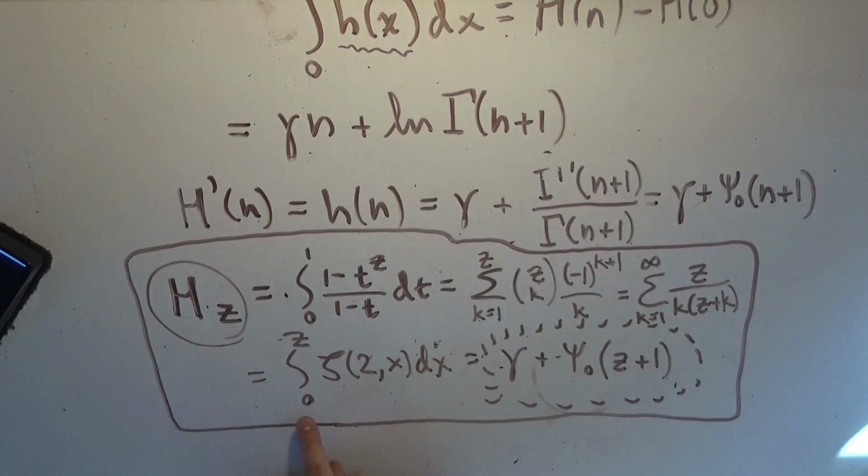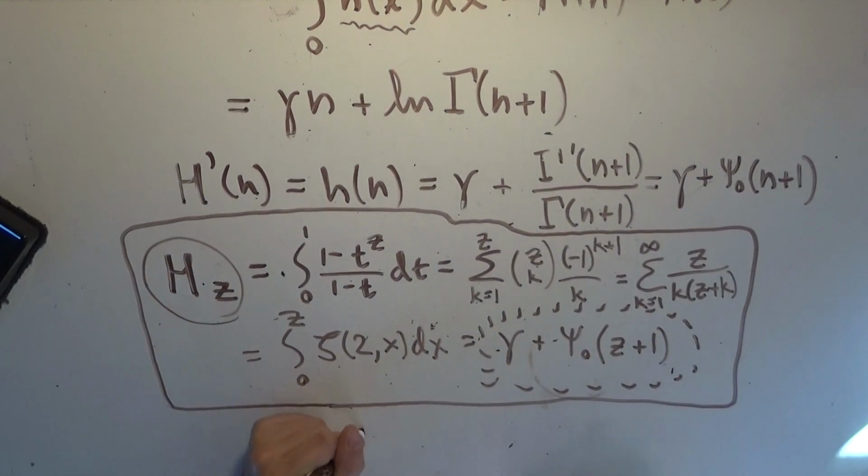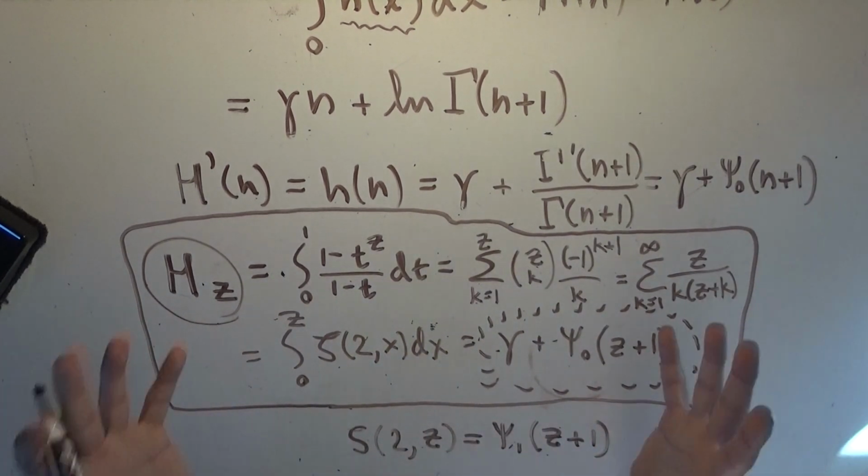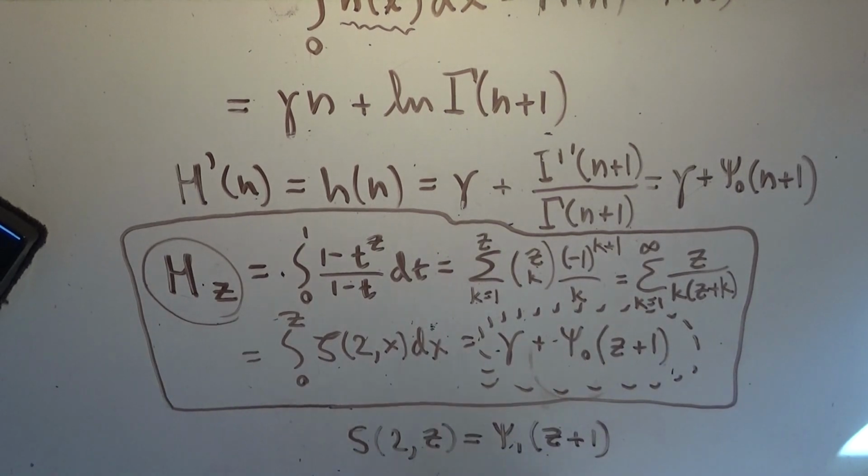So if we differentiate this, we end up with the fact that the Hurwitz zeta function of 2 comma z is equal to digamma sub 1 of z plus 1. And so we finally have our analytic continuation. Now we're going to use it to solve for a few values of this function.